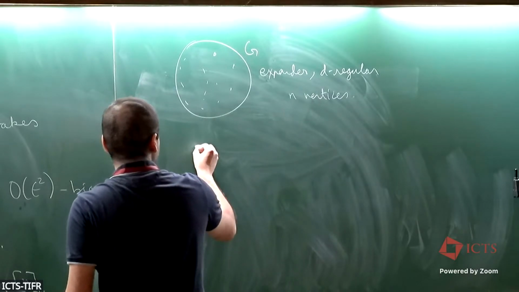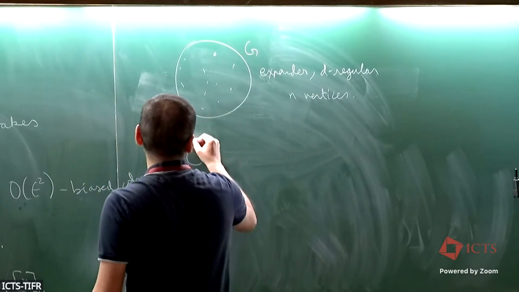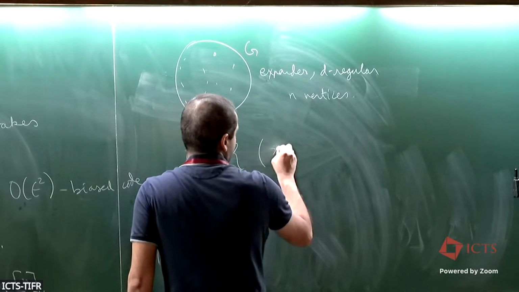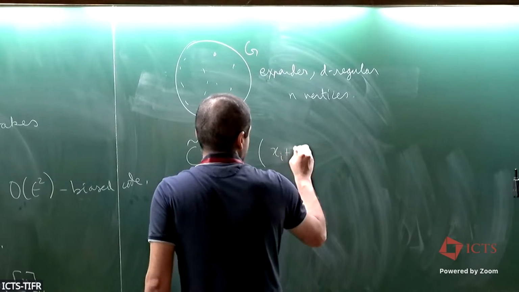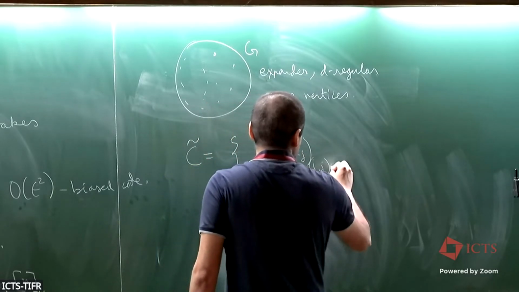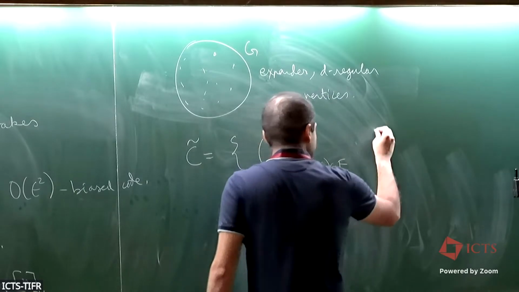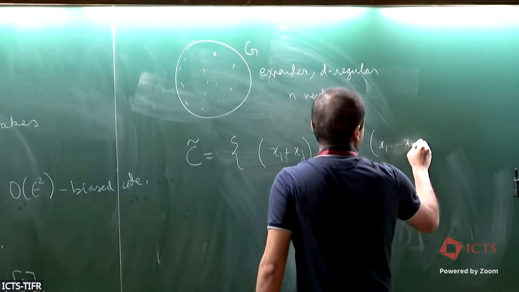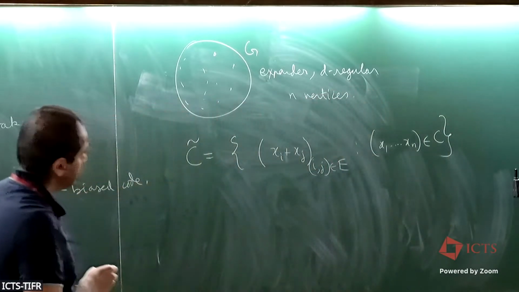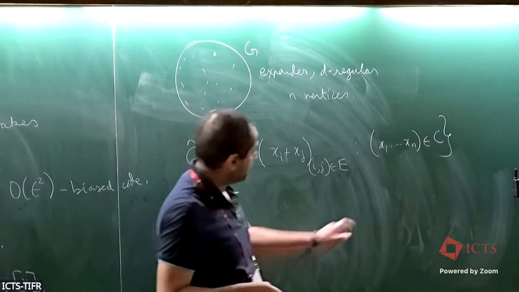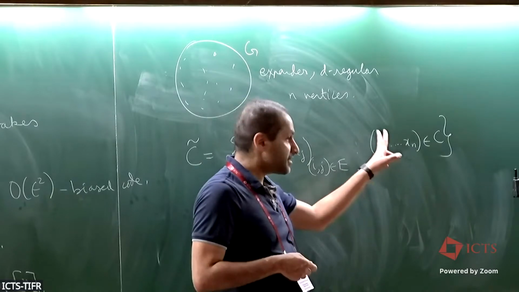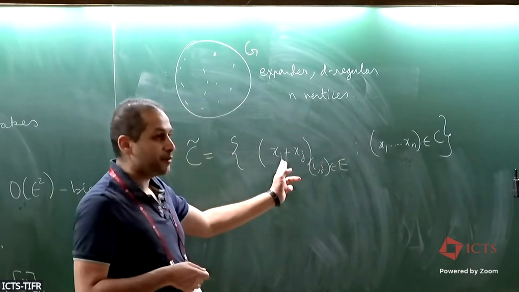And the new code C tilde is xi plus xj for each ij in the edge set, where x1 up to xn is in the code. So take a code word and take certain pairs of bits from there and add them up.